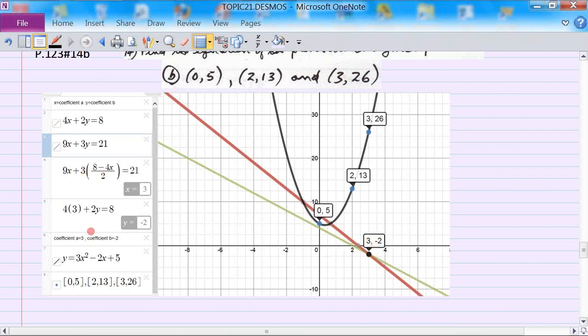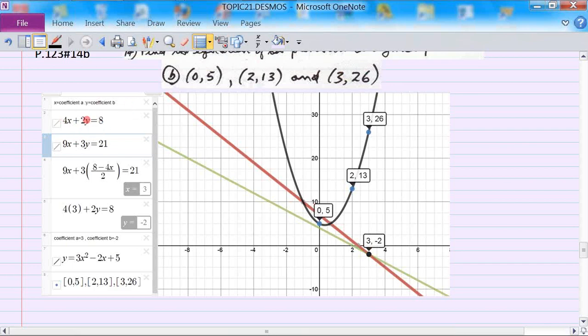So all this is extra down here. Now I'm going to explain what I did here. I took this equation and I'm going to calculate the values of x and y. So I've got 9x plus 3y equals 21. I solve the other equation for y, which is 2y equals 8 minus 4x, because I'm going to transpose this.